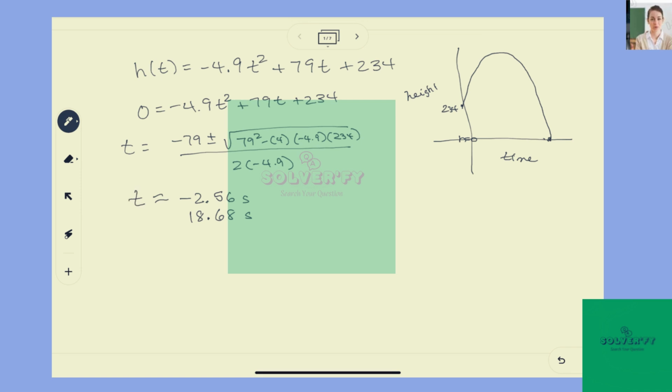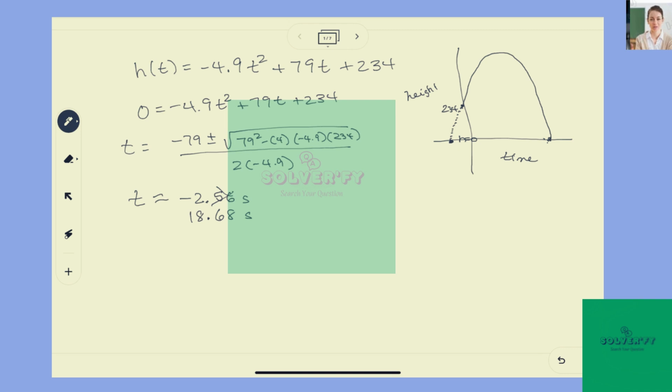Well, that makes sense if you think about this being the graph of a parabola. It's got a negative leading coefficient, so that means that it's going to open downward. We're not starting at the ground, but if we continued our graph, right, made that like a parabola that had two x-intercepts, we would see that one would be on the negative side of the graph. So that's where that's coming from.